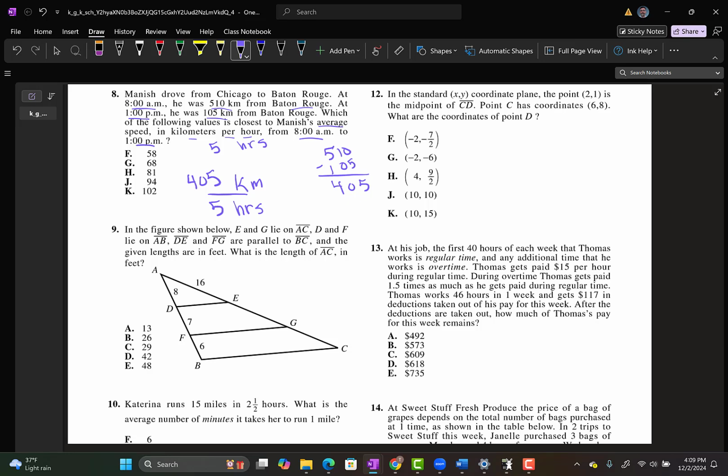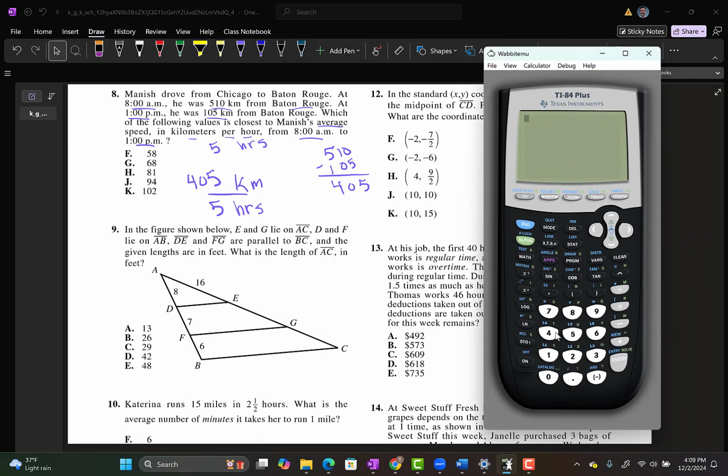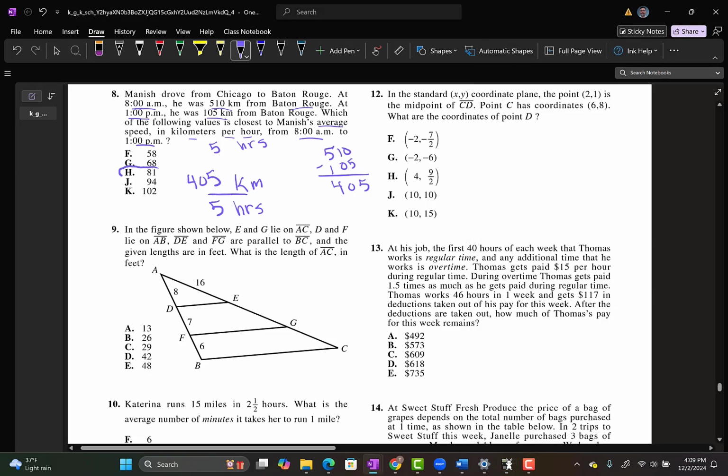I'm going to pull out my trusty calculator to double check that answer. 405 divided by 5, because we want every 1 hour. 81. And since we aren't on the metric system, it's a little bit tougher to make an educated guess right off the bat. If we're talking about miles per hour, probably could have ruled out the 102.